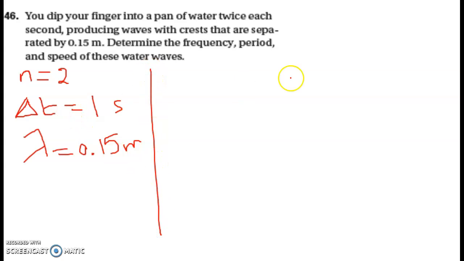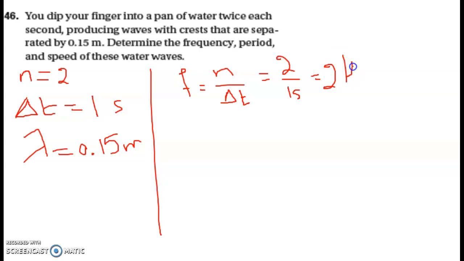From the given, F is equal to N over delta t. So F is equal to 2 over 1 second, so it is equal to 2 Hertz.